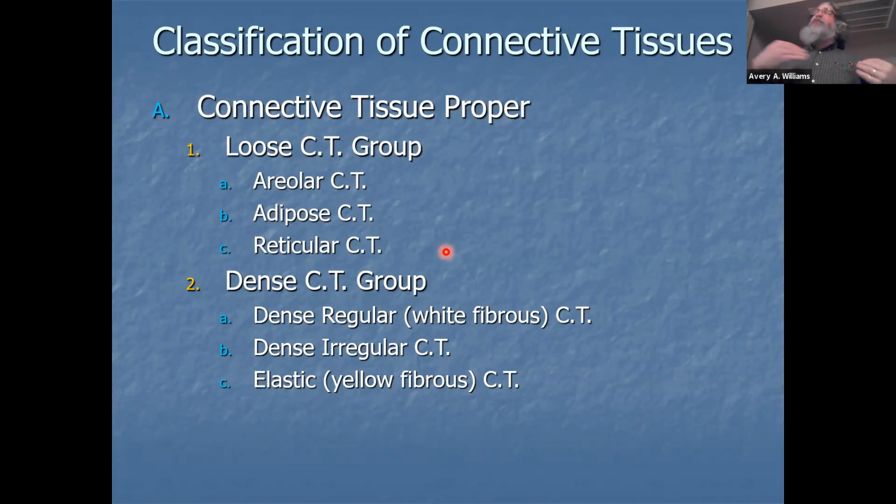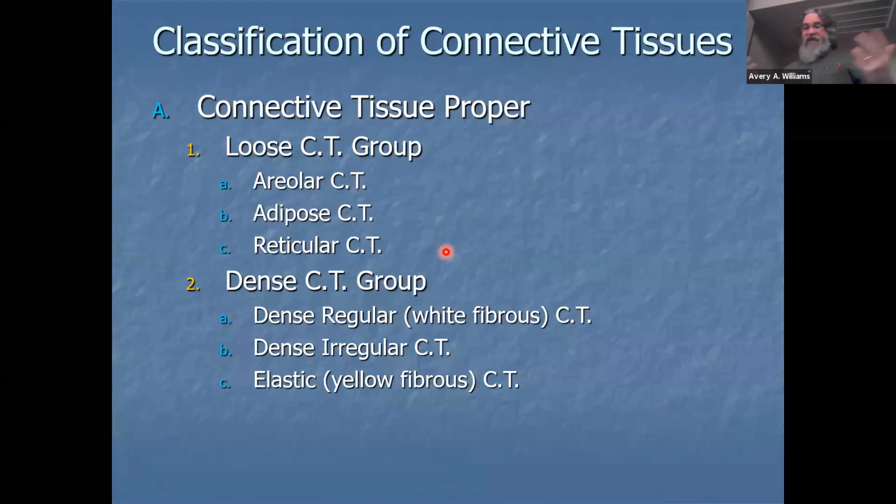Then there's dense irregular connective tissue, and then elastic connective tissue. In the camp that uses the verbiage white fibrous, they would probably refer to elastic connective tissue as yellow fibrous connective tissue, because of these two fibrous connective tissues, one's made out of elastin, the other one's made out of collagen. Okay, but we'll talk about that.